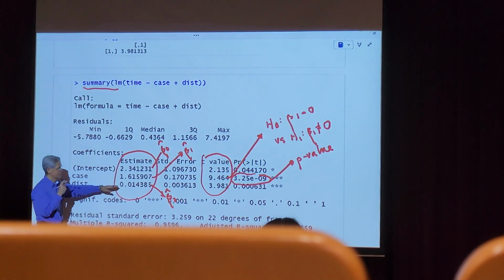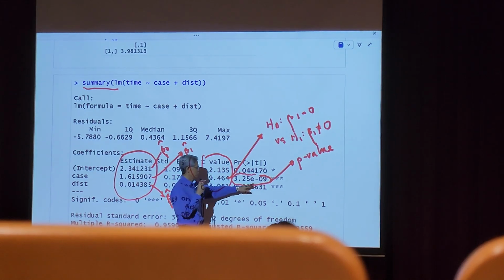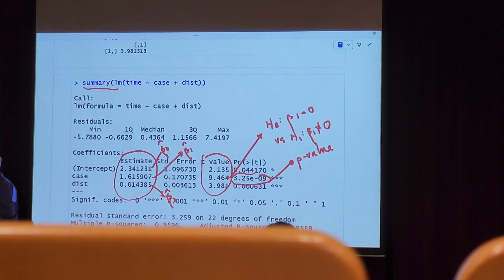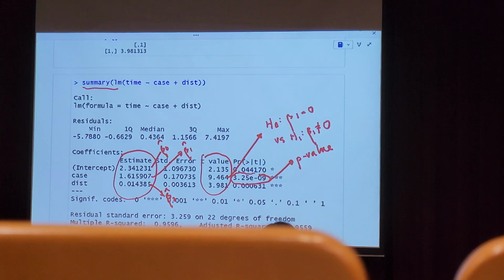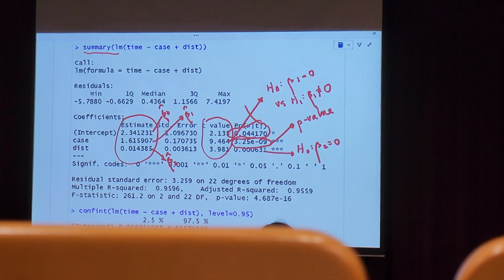For beta 3, it's also very small. So I also reject the null hypothesis that beta 2 is equal to 0. So this one is for testing beta 2 equal to 0. This one is for testing beta naught equal to 0.